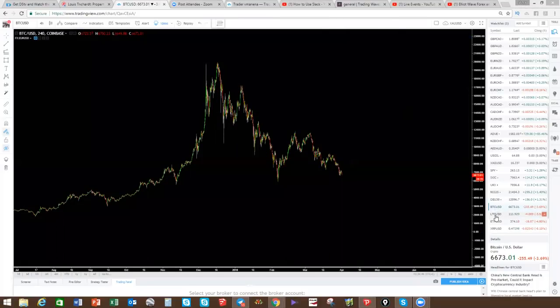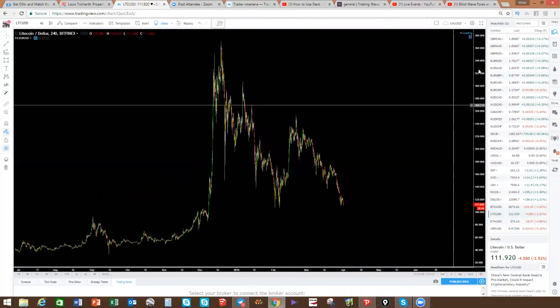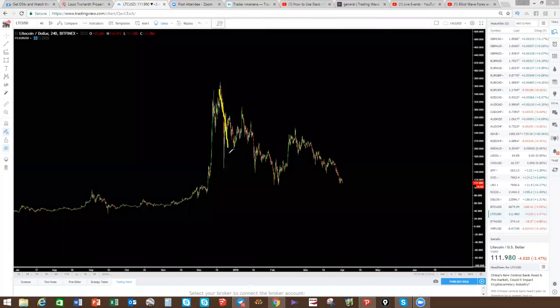Let's look at Litecoin. Litecoin, 1, 2, 3. We are now making this corrective structure. 1, 2. Wanted to take here and reverse. Unless something changes with the structure, this is the move that we're going to be expecting.